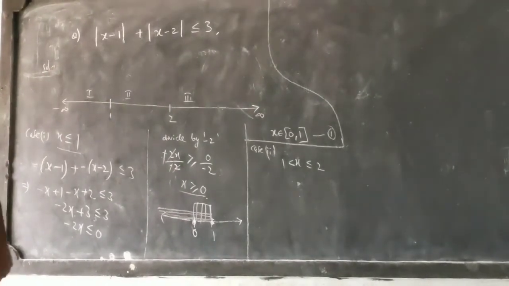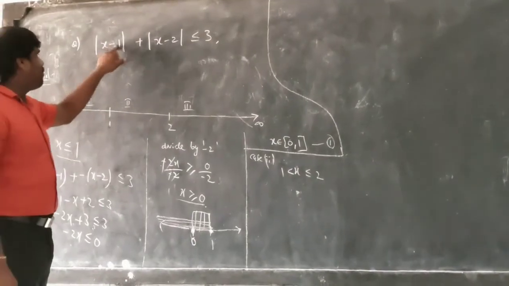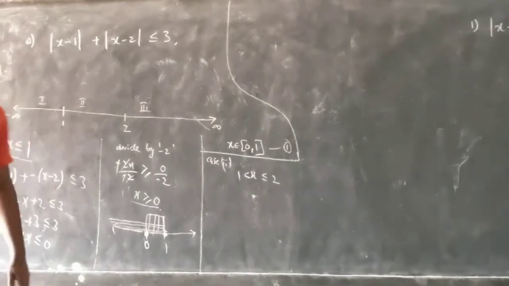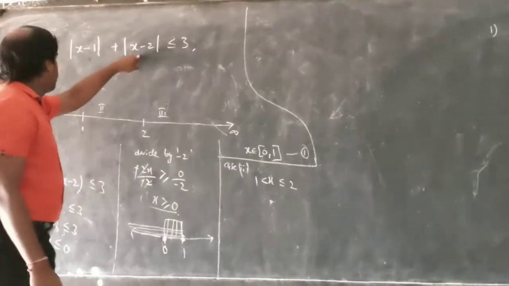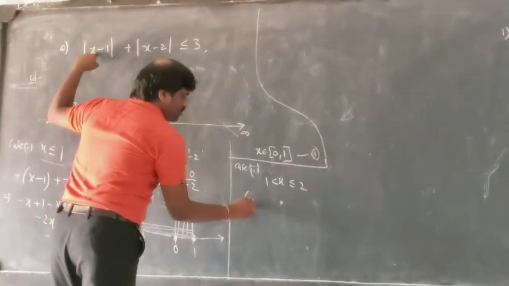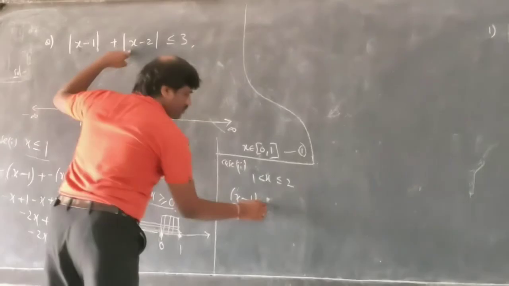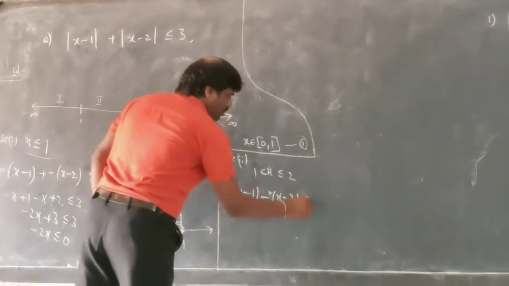Substitute 1.5 here. 1.5 minus 1 is a positive number, because a greater number minus a smaller number is positive. And 1.5 minus 2, a smaller number minus a greater number, is negative. So the first modulus will open with positive and the second will open with negative, and this is less than or equal to 3.